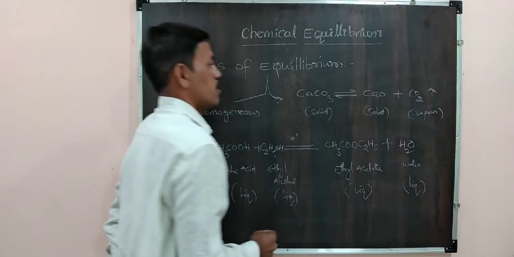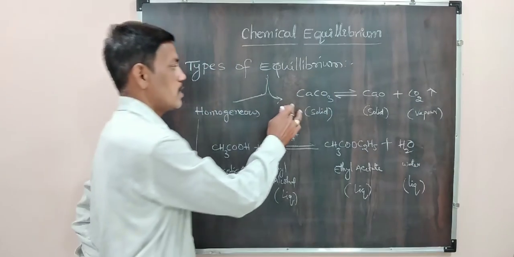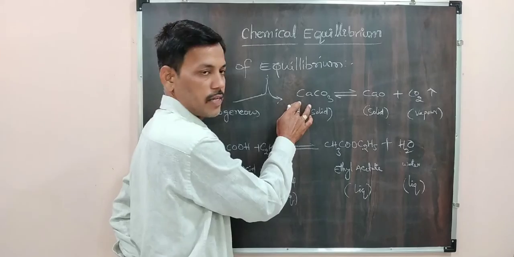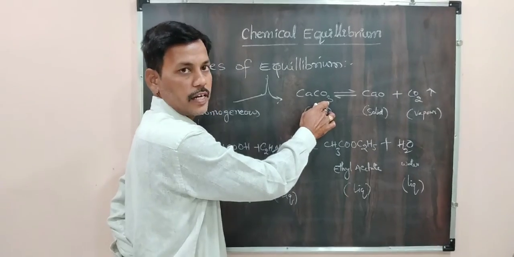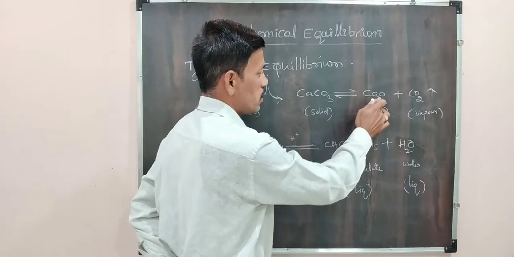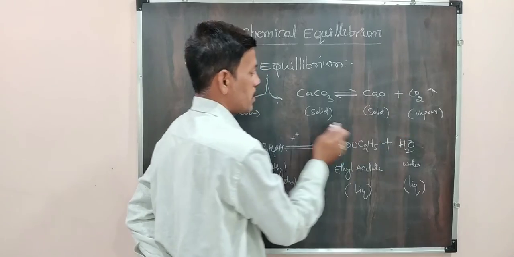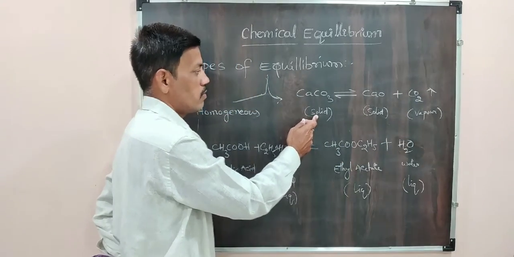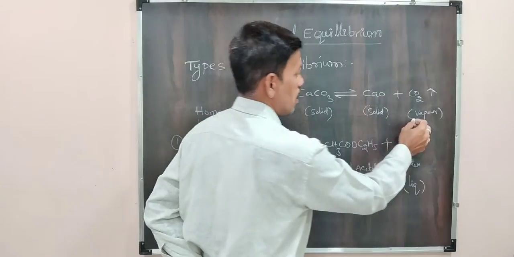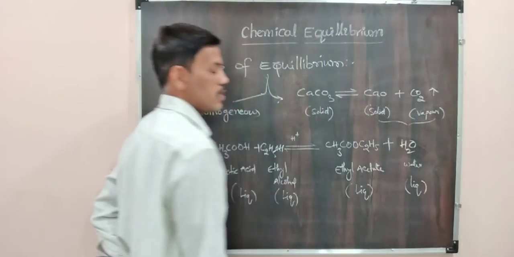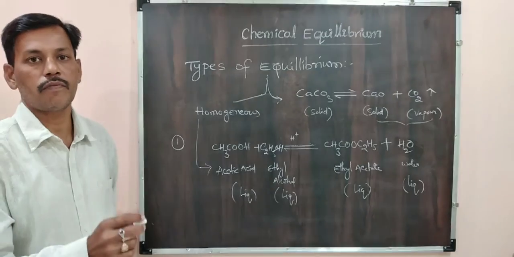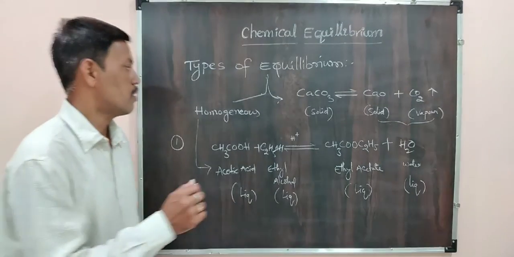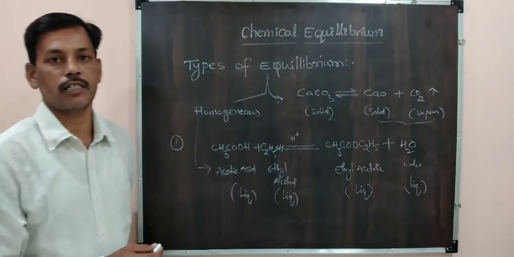This is an equilibrium reaction in which calcium carbonate dissociates into calcium oxide and carbon dioxide. Here the reactant is in solid phase and the products are in different phases. They are not in the same phase. So this type of reaction is called a heterogeneous chemical reaction.